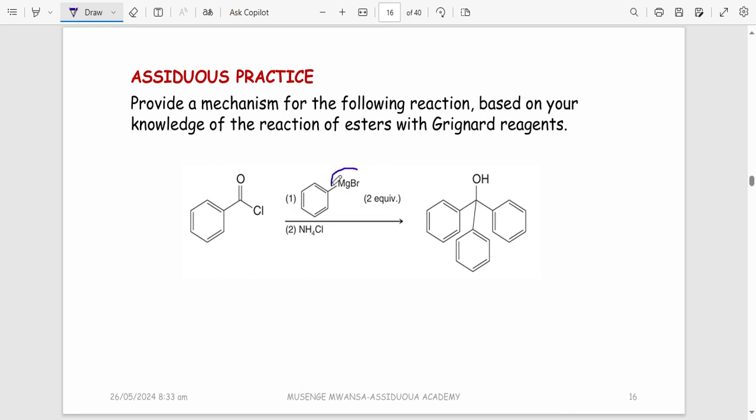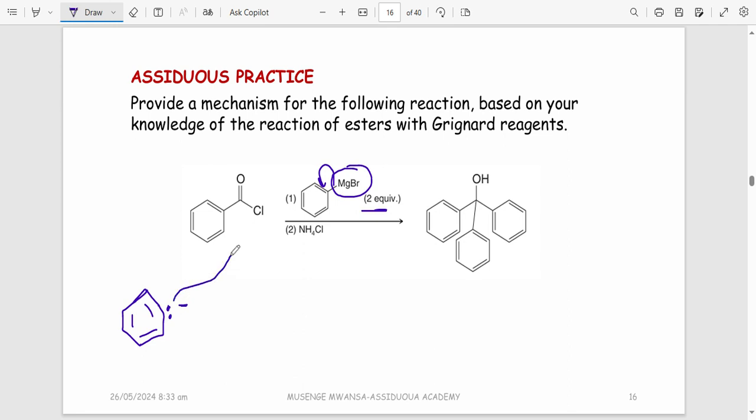So just identify the Grignard. This is the Grignard, and they've told you it's two equivalents, so you should tell what that means. So first, this bond is going to break. So now you have got this, and here you are going to have two electrons with a negative charge.